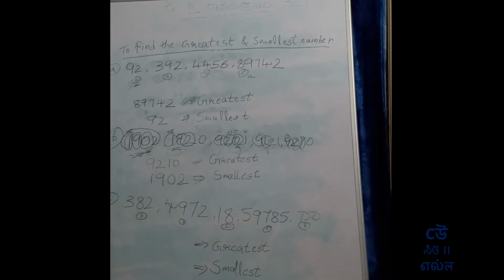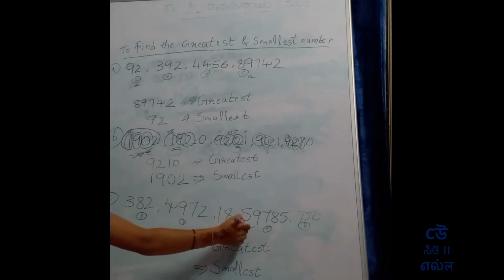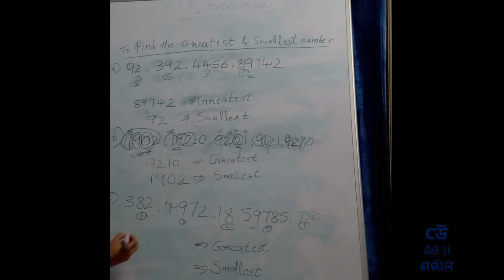Okay, in these 5 numbers, which has the greatest number of digits? 3 or 4 or 2 or 5 or 2. The greatest number of digits among all of these is 5. So the number which has 5 digits is 89785. Okay, this is the greatest number.